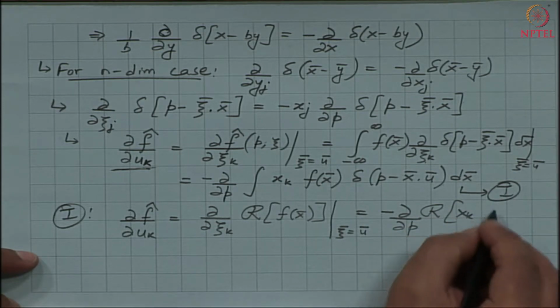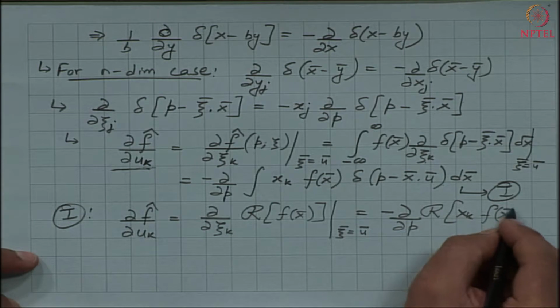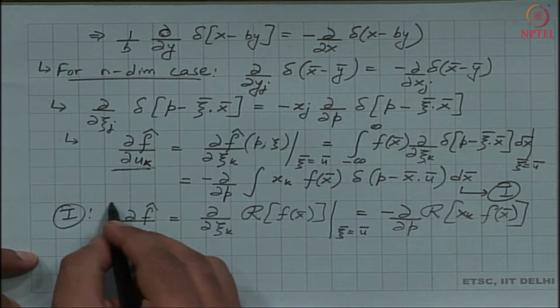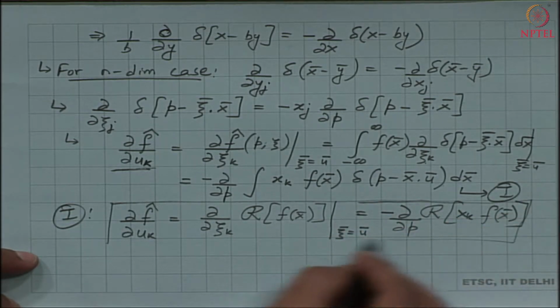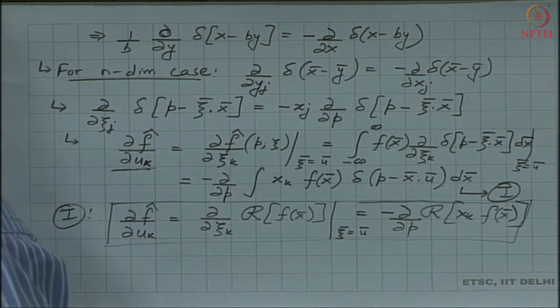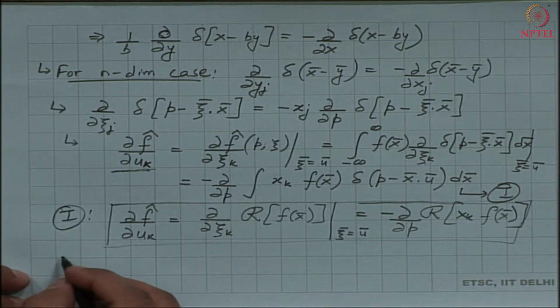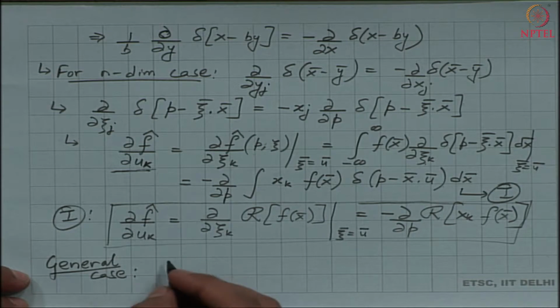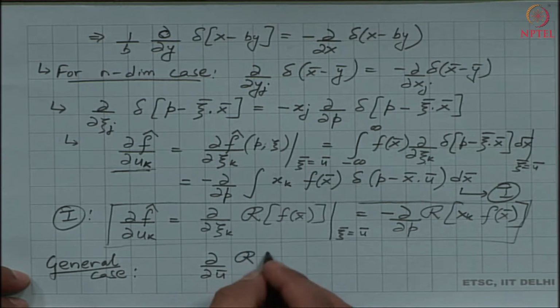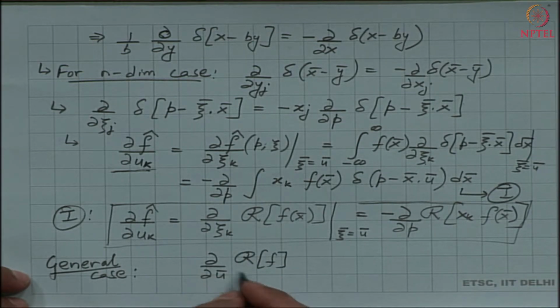So, that gives us the relation for the other derivatives that we will be using. Okay. So, let me just give the more general result. The general case is that if I were to find the derivative of the Radon transform of f with respect to any direction cosine, and let us say that with respect to any scalar I take the dot product.